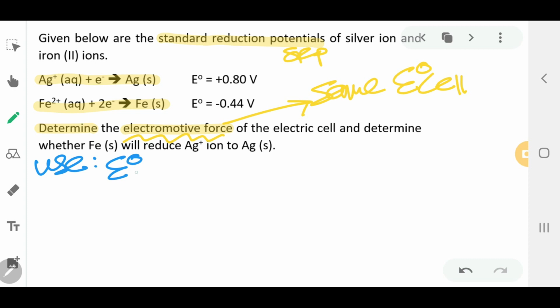First thing, we need to use E naught cell equals to E naught cathode minus E naught anode.